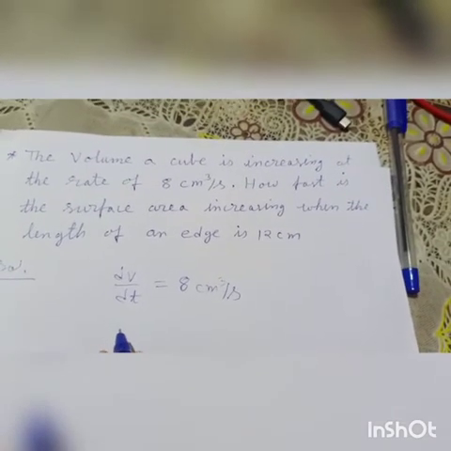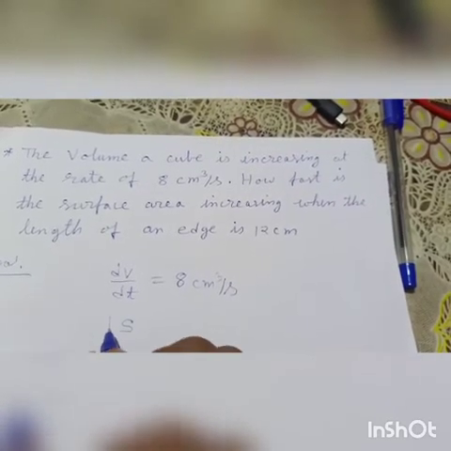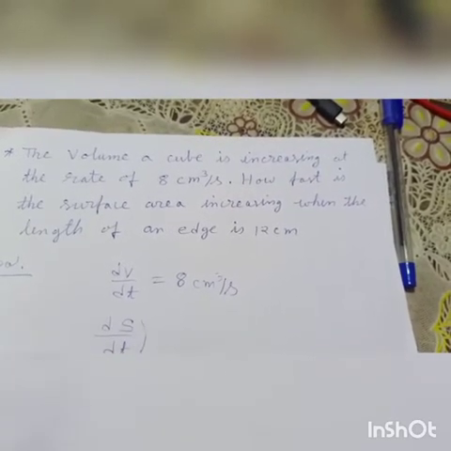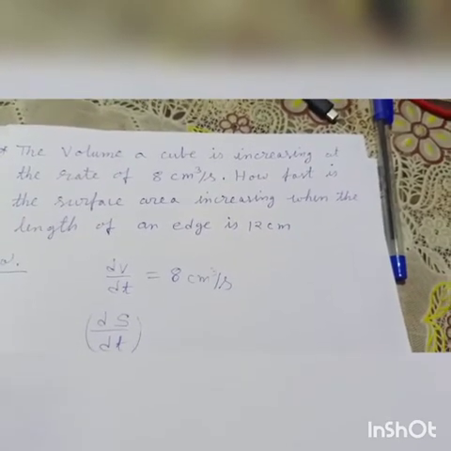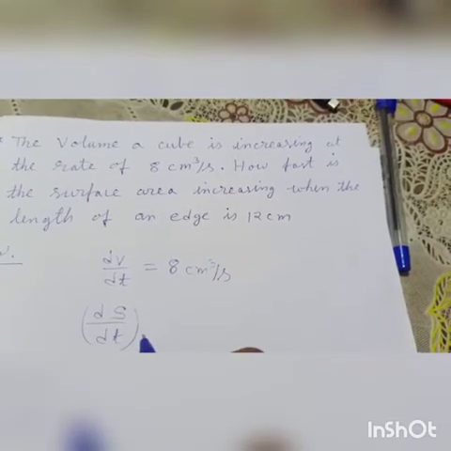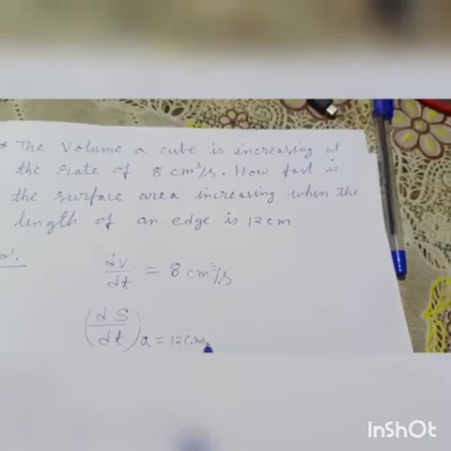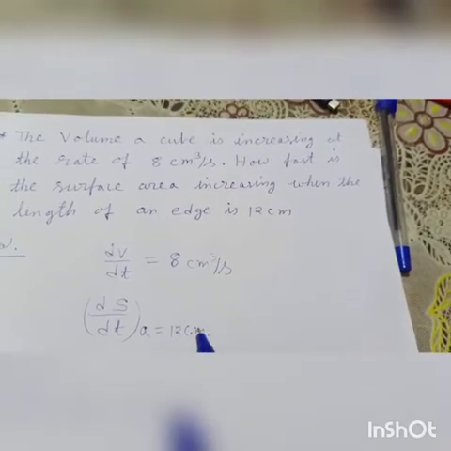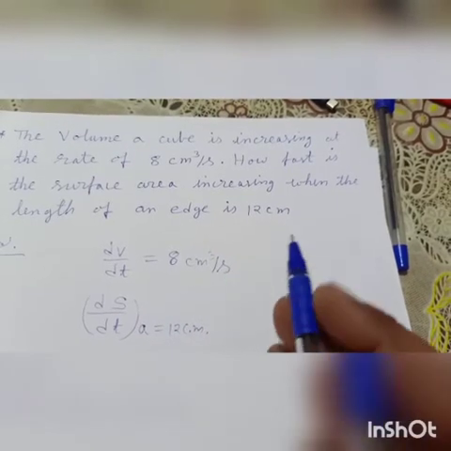So if we denote capital S as surface area, then we have to find ds by dt at a particular point when the edge is 12 centimeter. If we denote the edge by small a, we have to find ds by dt when a equals 12 centimeter, and we are given dV upon dt equals 8 centimeter cube per second.